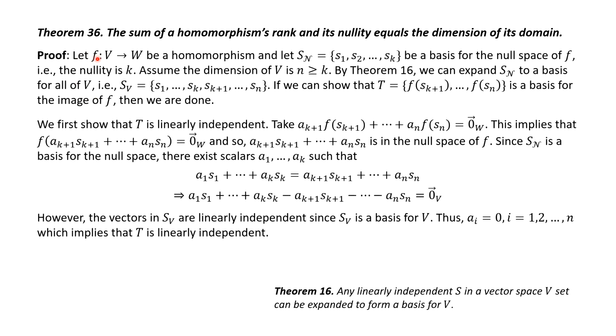So let F be a homomorphism from vector space V to vector space W. And just keeping in mind where these entities are, the nullity is the dimension of all the vectors in V that are mapped to the zero vector in W. And then the rank is the dimension of the image of V in W.